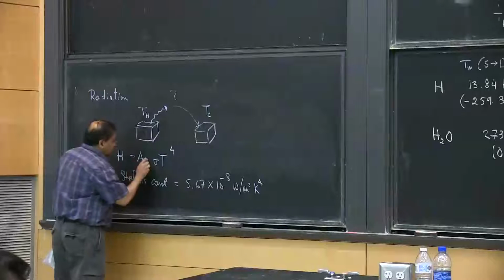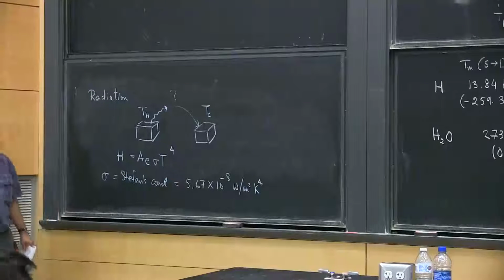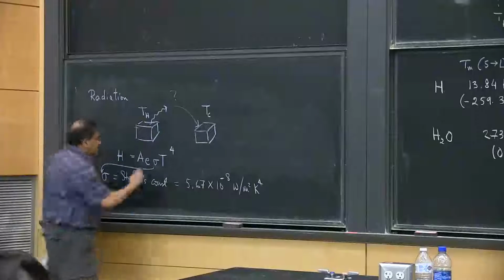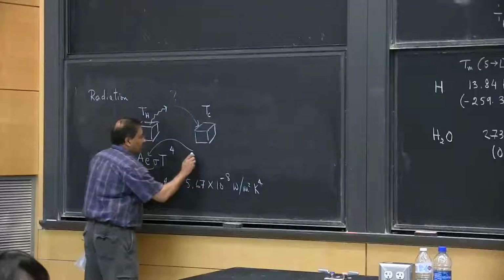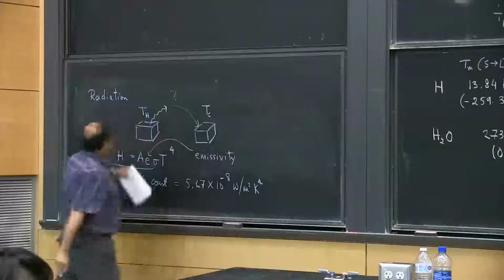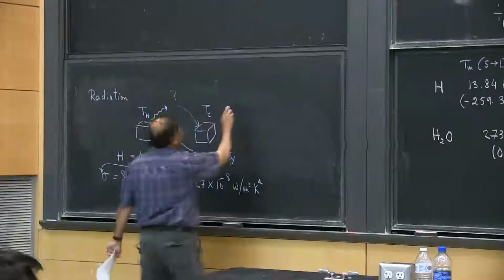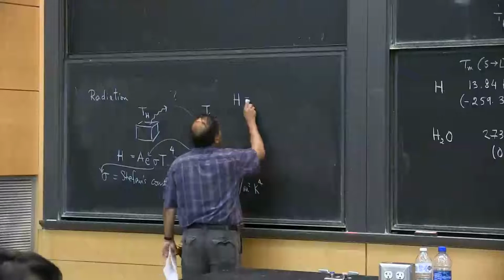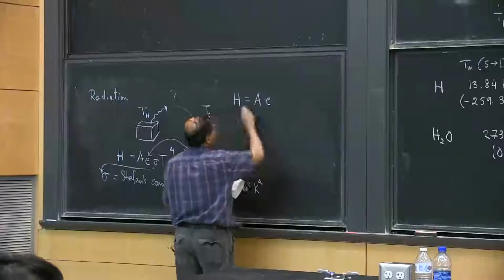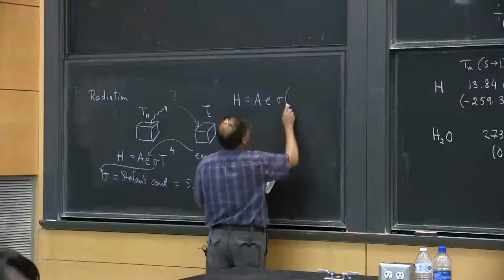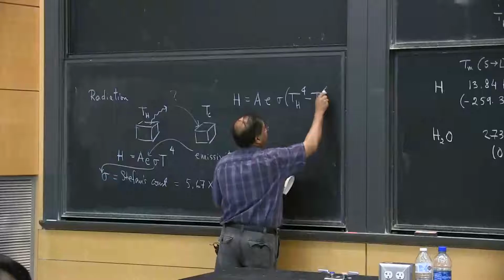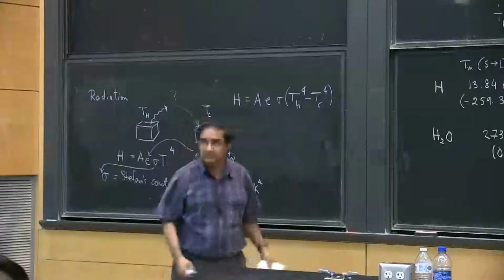And then there is another constant, e. So sigma therefore is Stefan's constant, and this e is called emissivity. So in this case, for example, what we'll have is H is equal to the cross-sectional area involved, A, times e sigma, times T hot to the 4 minus T cold to the 4, because don't forget, it's not just T hot that's giving out radiation, T cold is as well, right?